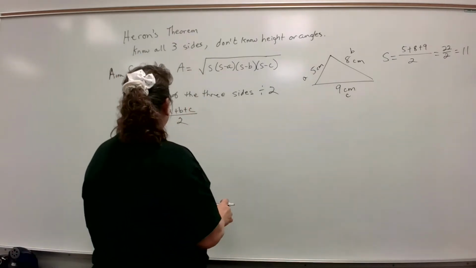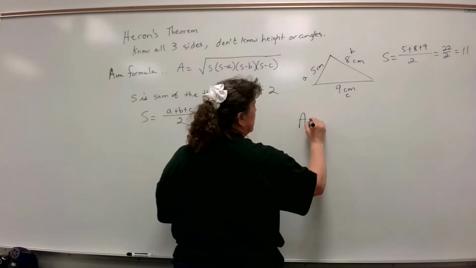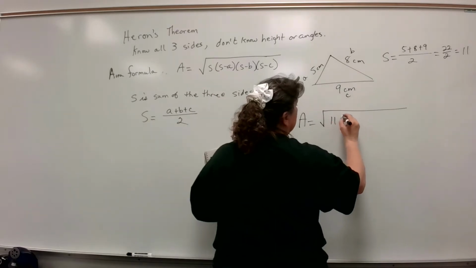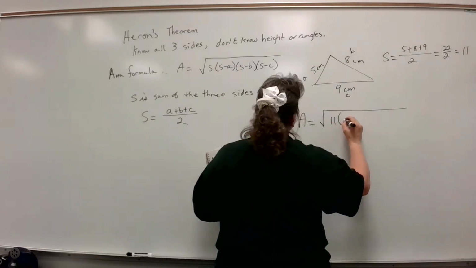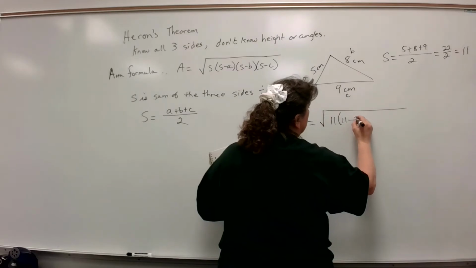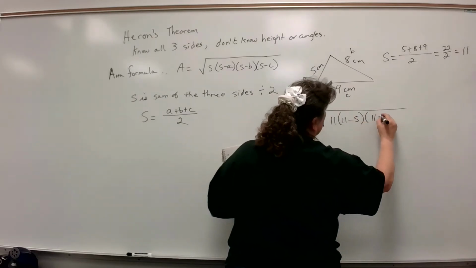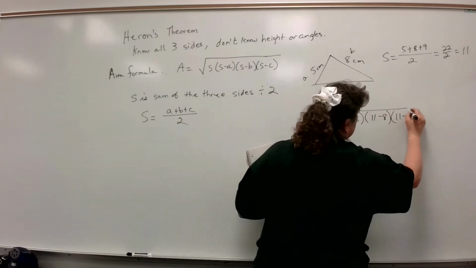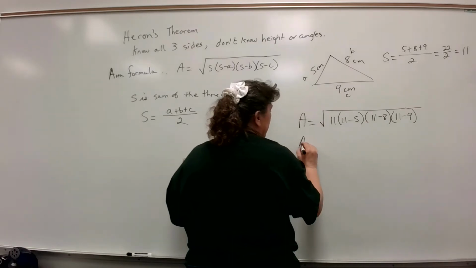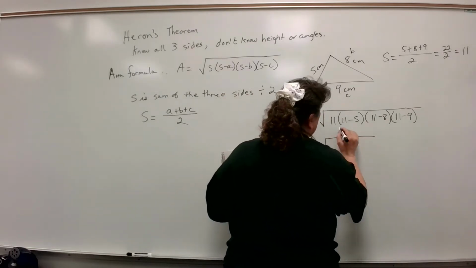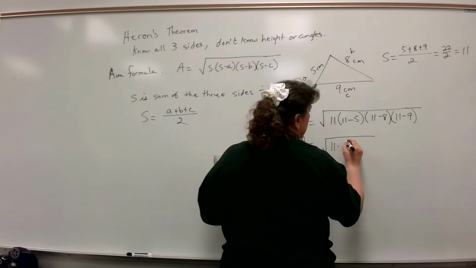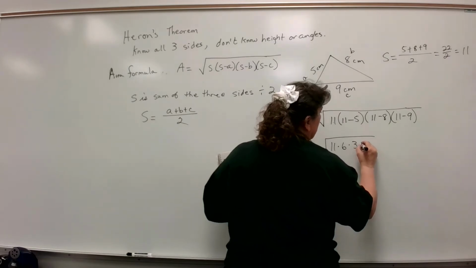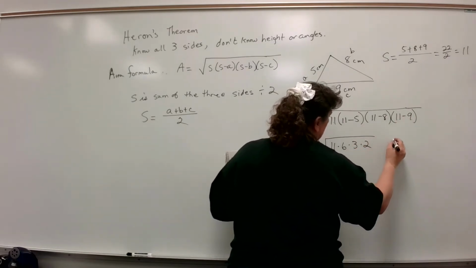Now, let's find the area. So the area is equal to the square root of S, which is 11, times 11 minus 5, which is A, times 11 minus 8, which is B, and 11 minus 9, which is C. Okay, so area equals the square root of 11 times 6 times 3 times 2.